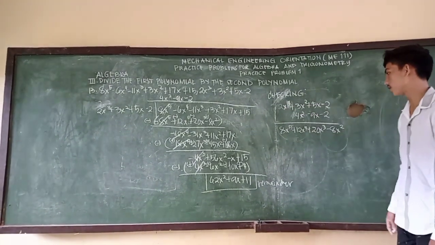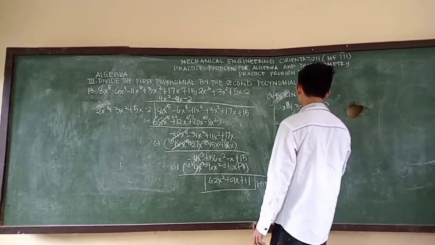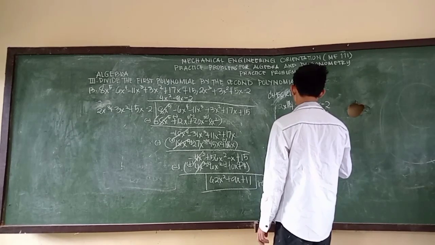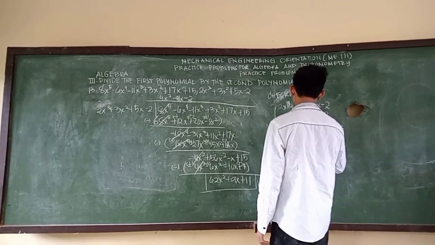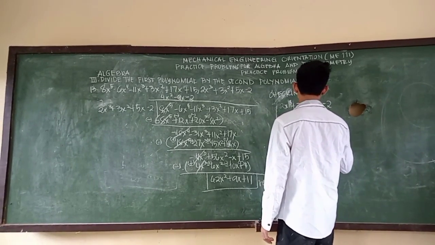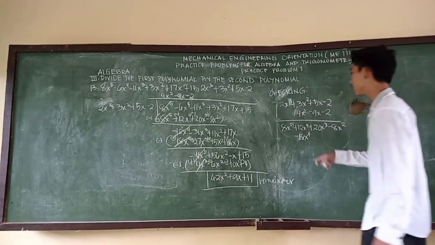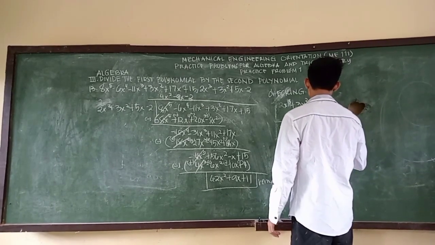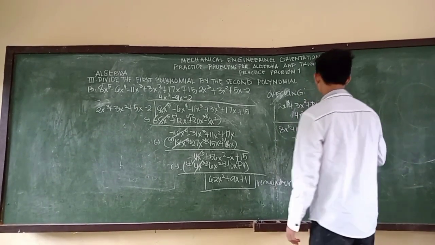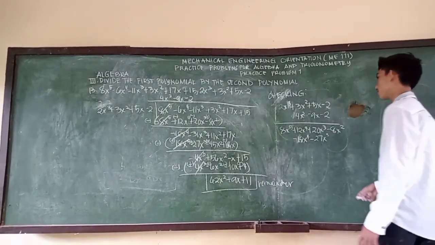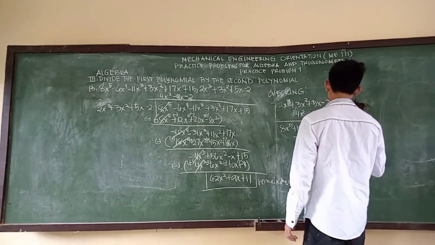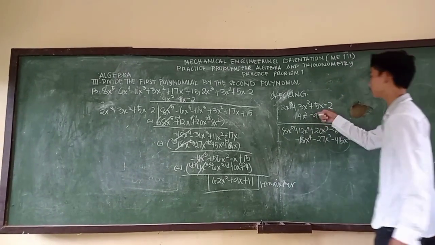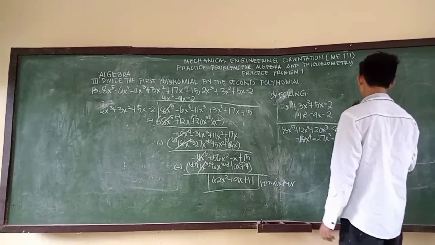Negative 9x times 2x cubed is negative 18x to the fourth. Negative 9x times 3x squared is negative 27x cubed. Negative 9x times 5x is negative 45x squared.